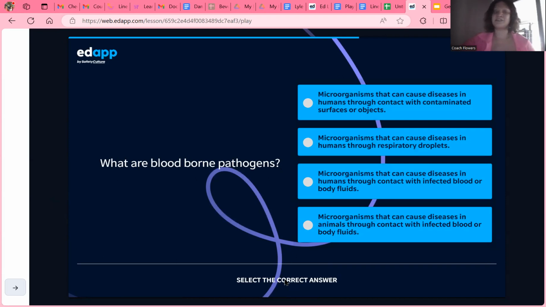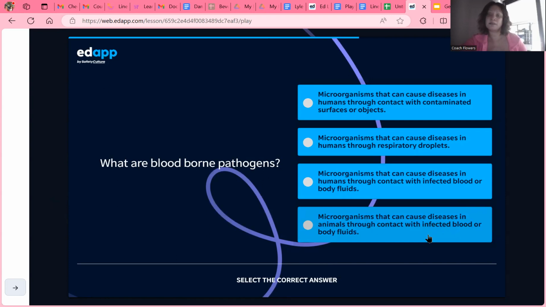Let's check your understanding. What are bloodborne pathogens? A, microorganisms that can cause disease in humans through contact with contaminated surfaces or objects. B, microorganisms that can cause diseases in humans through respiratory droplets. C, microorganisms that can cause disease in humans through contact with infected blood or bodily fluids.